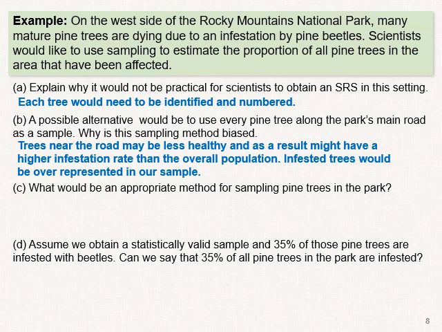The proportion of infected trees may not be as high as it is along the road, because the trees along the road might not be as healthy, right? Their root systems are encumbered by the road or by truck traffic, whatever. They may not be a good representative sample of the entire population.